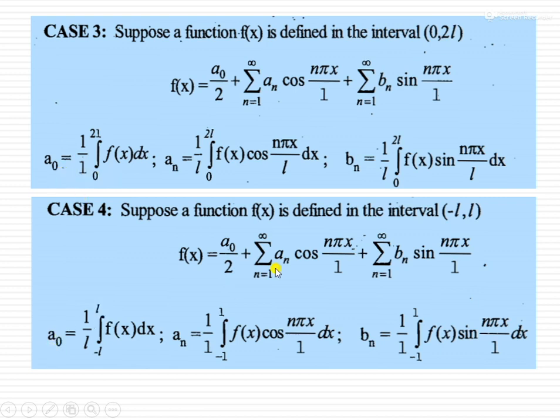Here the interval is minus l to plus l, a0 becomes 1 by l integral minus l to l f of x dx, and an equal to 1 by l integral minus l to plus l f of x cos n pi x by l dx, and bn equal to 1 by l integral minus l to l f of x sin n pi x by l dx.